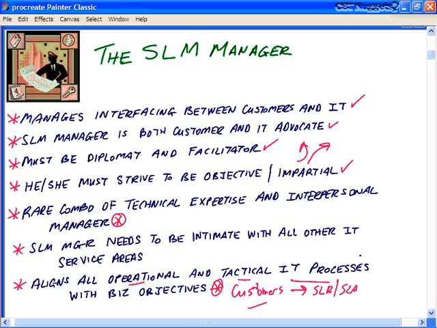Because as a manager, you have to clearly define the tasks, who are the authorities, who has responsibilities with all of the IT services and all of the IT processes, and make sure that you're able to distinguish between controlling the process, which is a management tactical function, and the actual operational task. And this is where you come into contact with the customer. So the SLM manager has to have an intimate knowledge of these relationships and these dynamics.